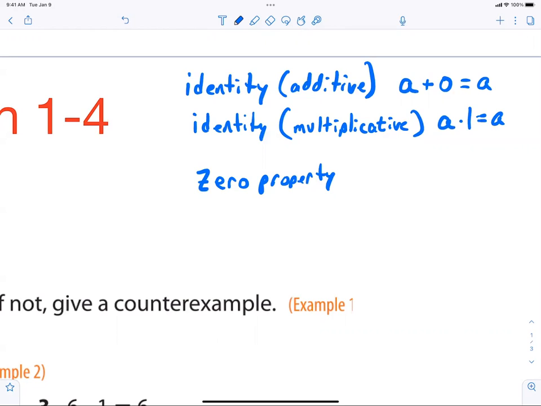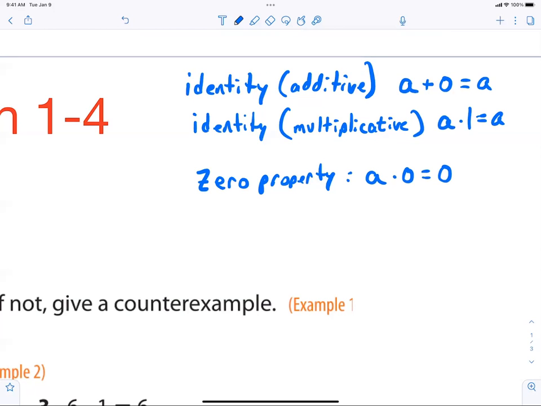Zero times another number, A, equals 0. That's exactly correct. Good for you. Thank you so much, sir. Zero property just means anything times 0 is what? So we say A times 0 equals 0. That is in fact the zero property. That's all there is to today's lesson.